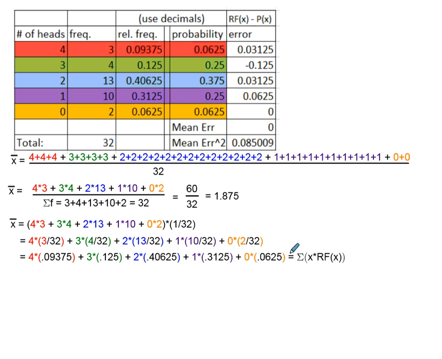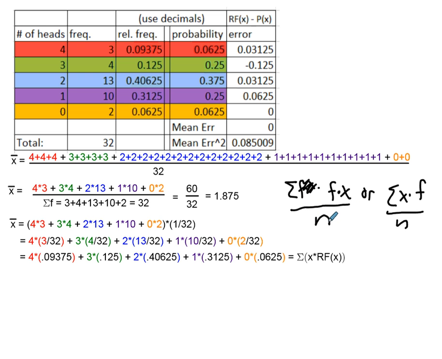In other words, we're adding up the x values times the relative frequency, as opposed to our original formula of the frequency times x. We either say f times x, or we say the sum of x times f, I think our textbook uses this format. I often use this format, divided by n.